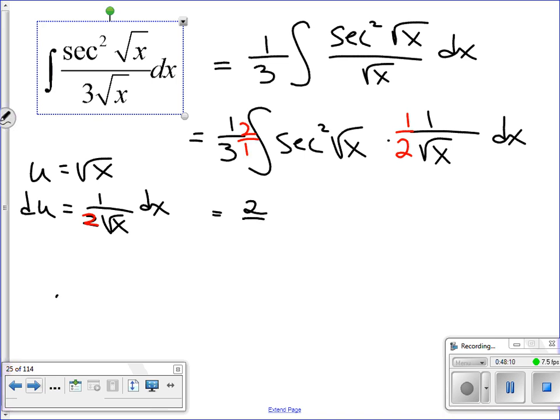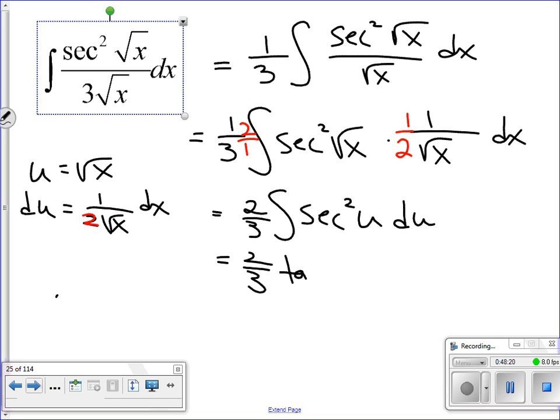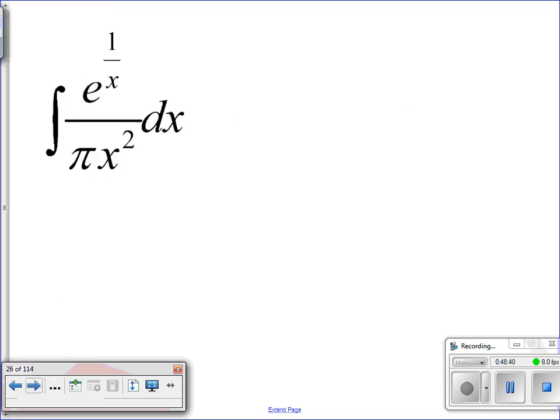So we get 2/3 the antiderivative of secant squared u du, which equals 2/3 the tan of u. Converted back, our final answer is 2/3 times the tan of rad x plus c. And I have one more of those. I wanted you to see examples for all 3 of them, the ln of x, rad x, and 1 over x. So our last example, we've got this one here.